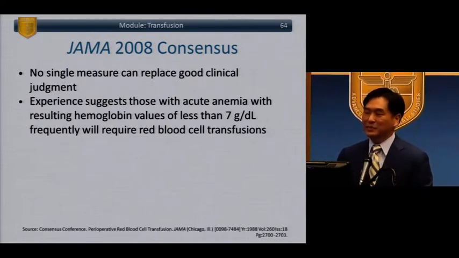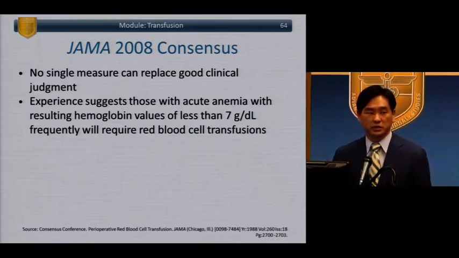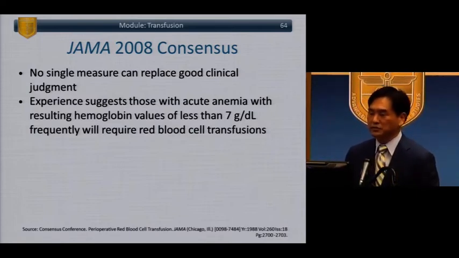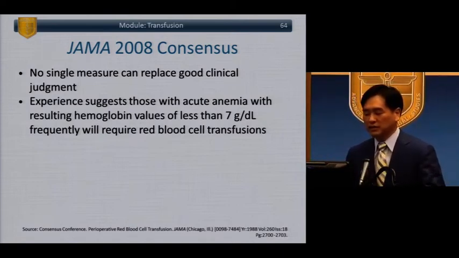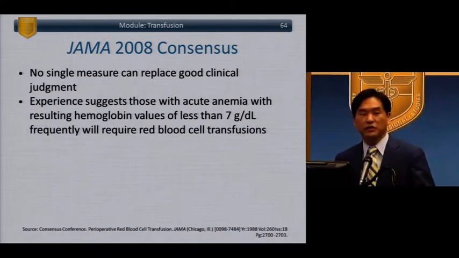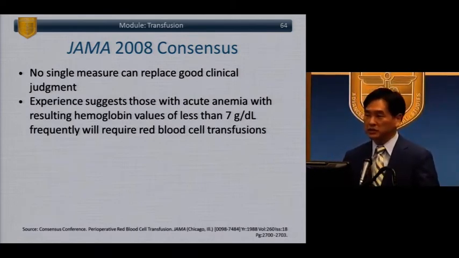The consensus statement from JAMA, I don't always agree with everything JAMA says, but this one I like, because the first overriding statement here is physician judgment, which is probably the best thing, or at least the most defensible one. No single measure can replace good clinical judgment. Experience suggests that acute anemia of less than 7 frequently will require blood transfusions.